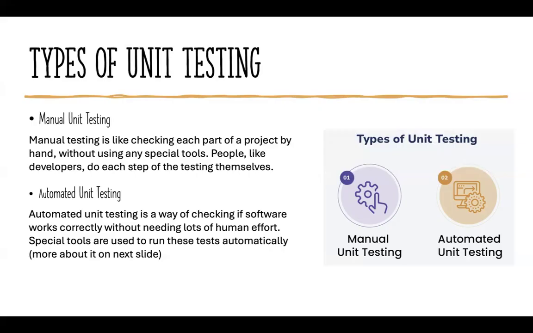To do these unit tests, you need to hire developers, and you need them to break the task into these units. It takes a lot of time because the tests have to be done every time the code changes. It is hard to find and fix problems because it is tricky to test each part separately.